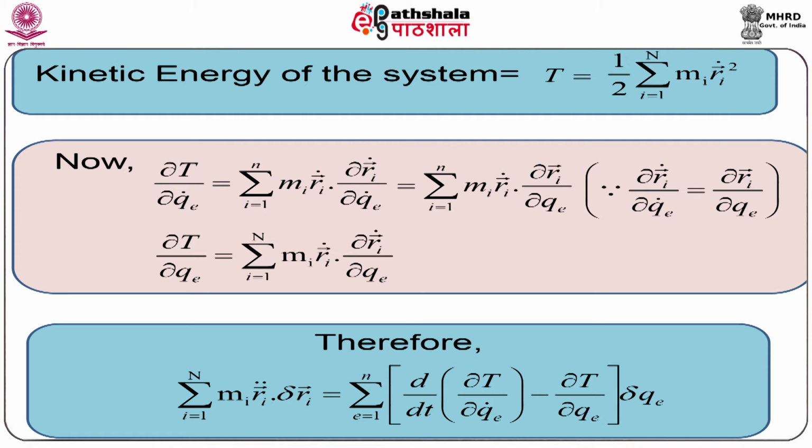Let us differentiate capital T with respect to qk partially, and we get summation over i of mi Ri vector dot del by del qk of Ri vector dot. Therefore, this term can be written like this. We have just substituted the result obtained here and here in the expression of this quantity and get the right hand side.